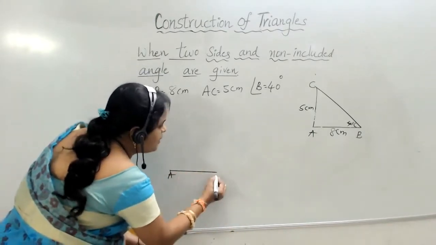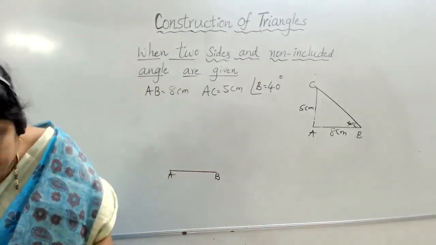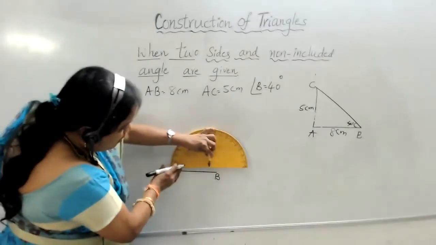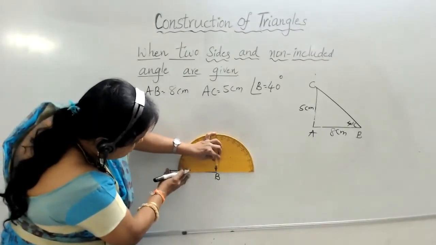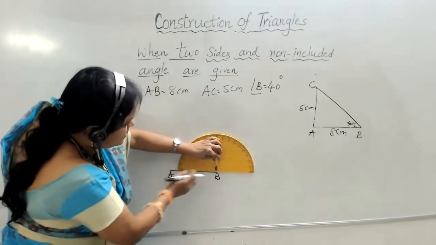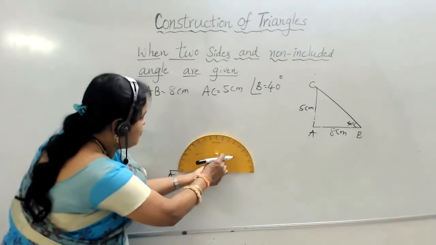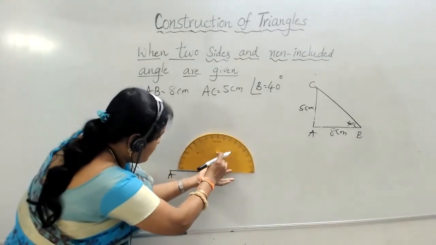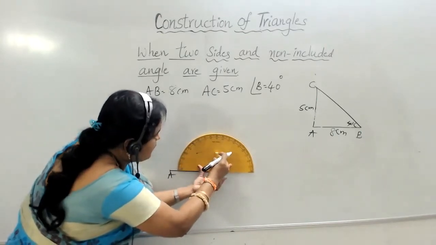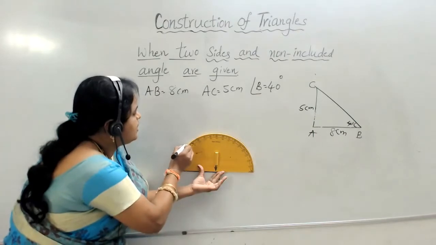Make an angle of 40 degrees, an acute angle, placing the protractor at B: 10, 20, 30, 40 degrees.